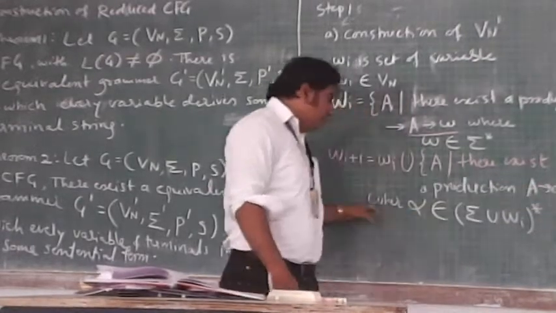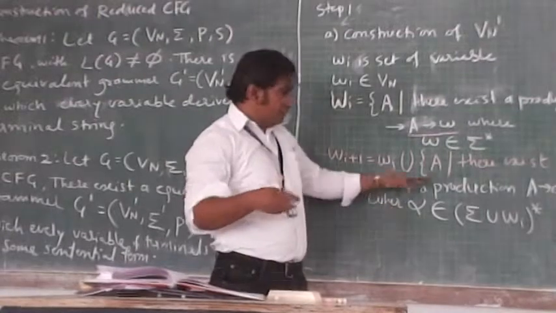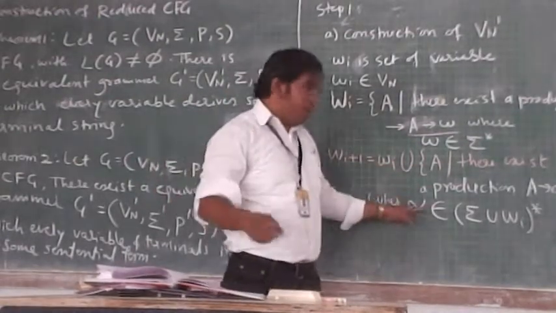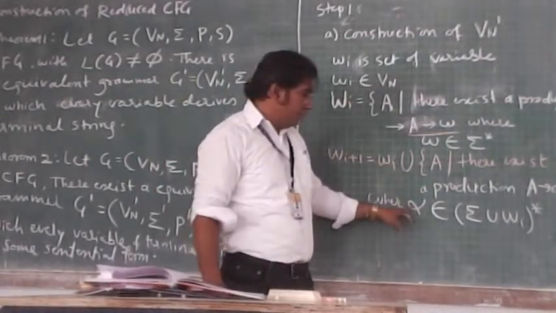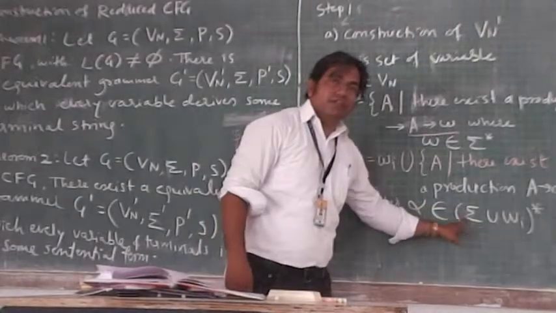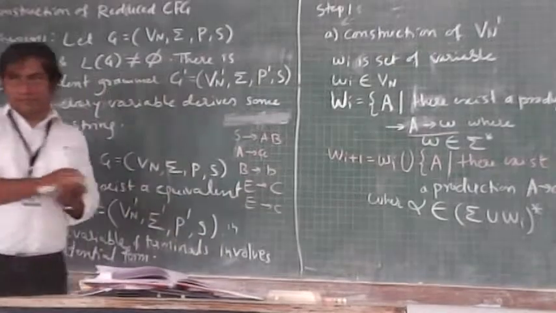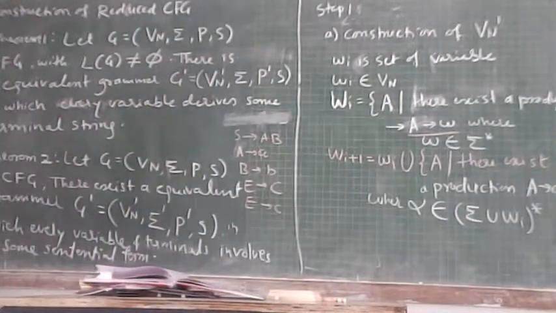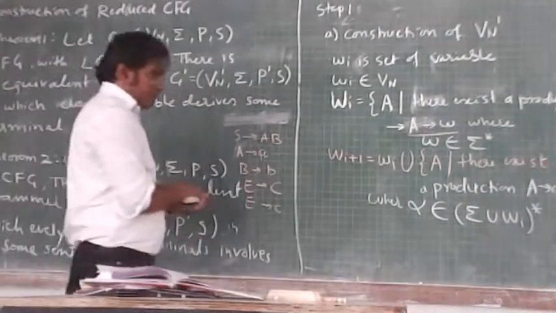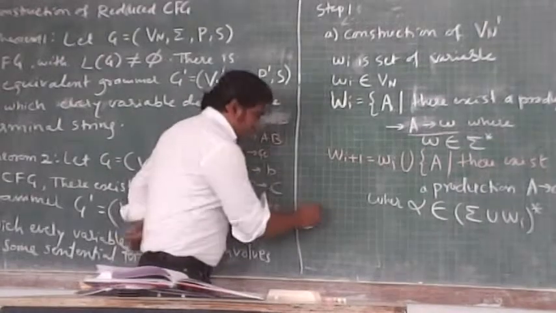How does my alpha look? Alpha means the right hand side of the production. How should my right hand side of production look? That should be combinations of terminals and non-terminals. What are my terminals?